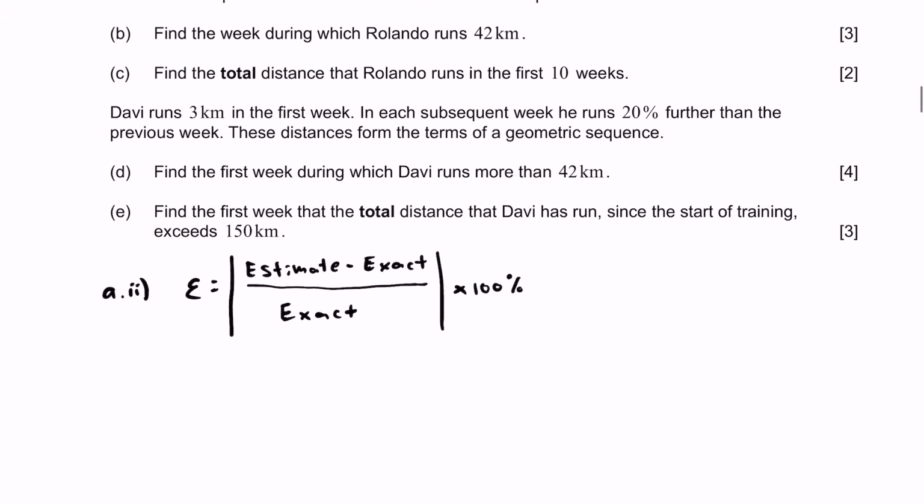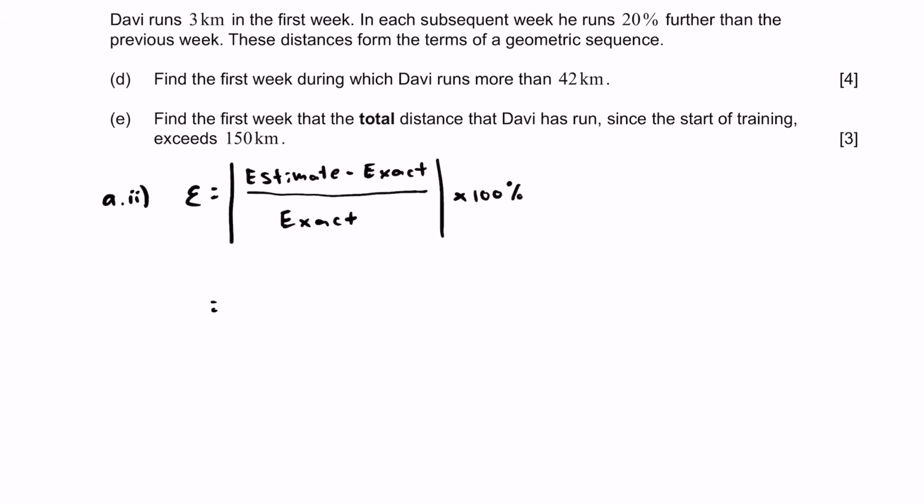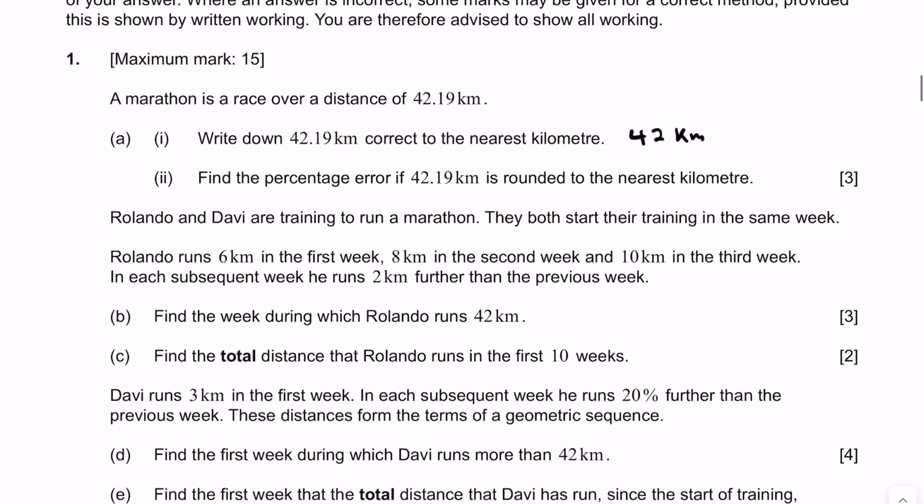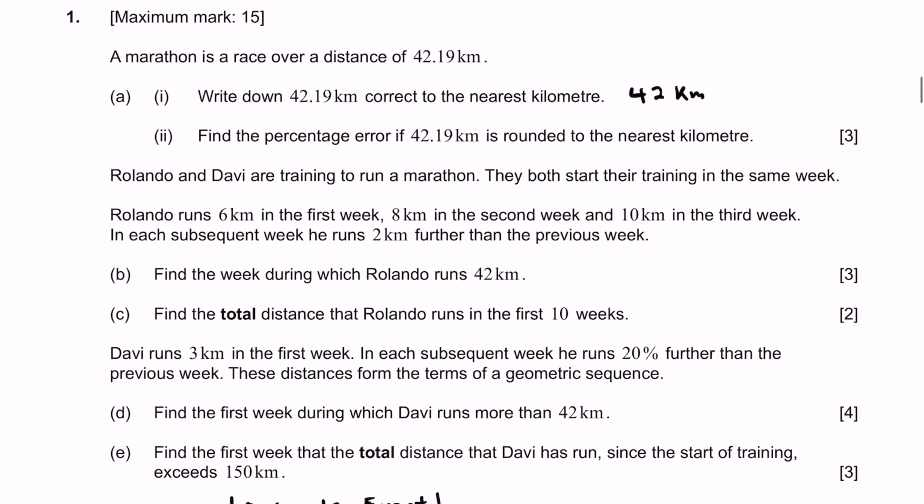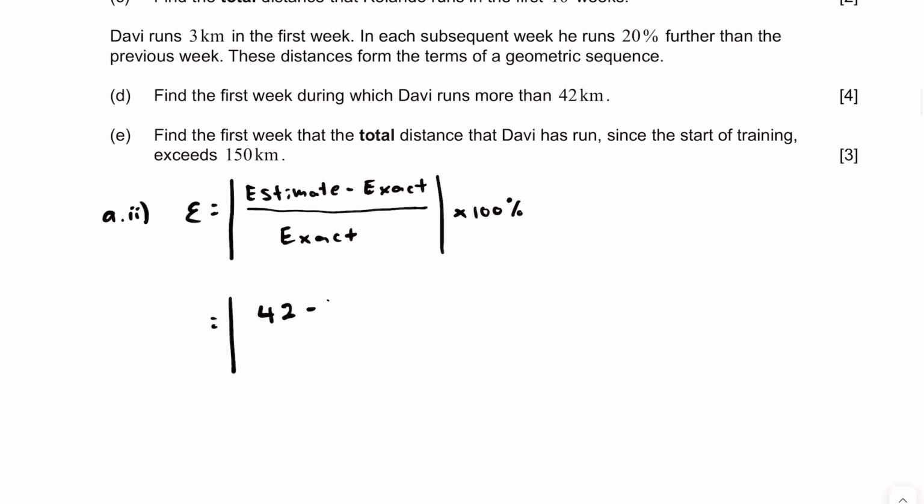All right. So let's go ahead and substitute. Our estimate, we rounded 42.19 to 42. So this is our estimate. I want to make sure these are the correct numbers. Yeah, exact was 42.19 over, and then exact once again, 42.19, and then multiply by 100%.